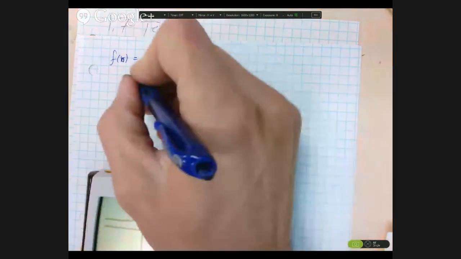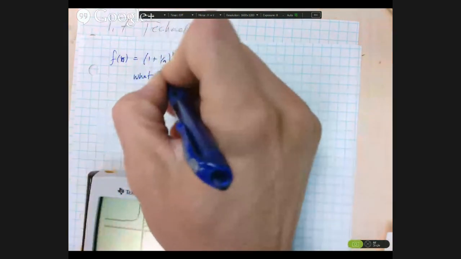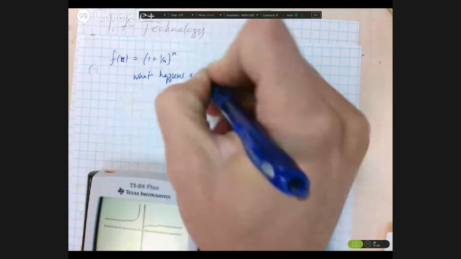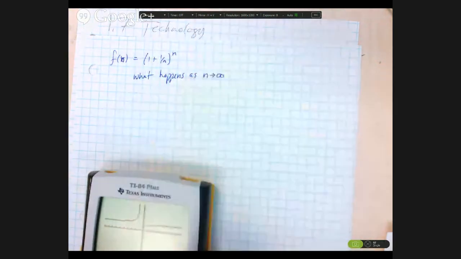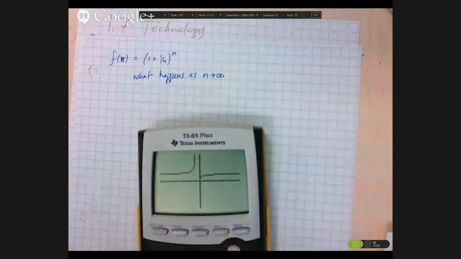What happens as n goes to infinity there?